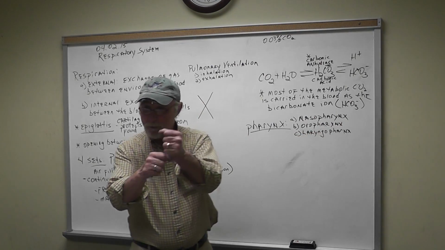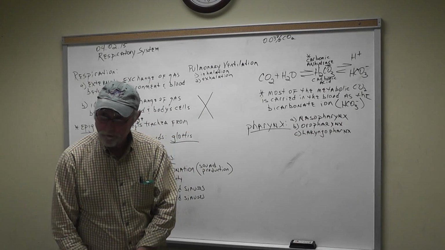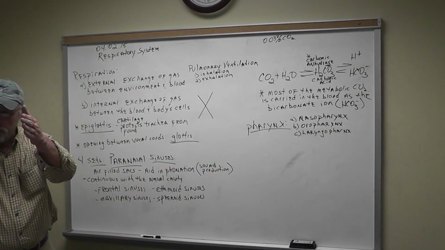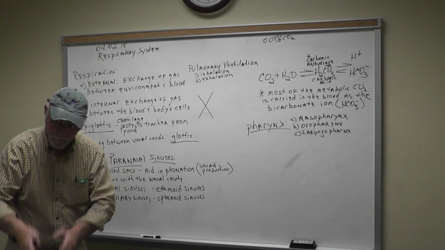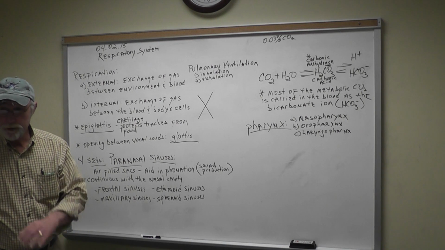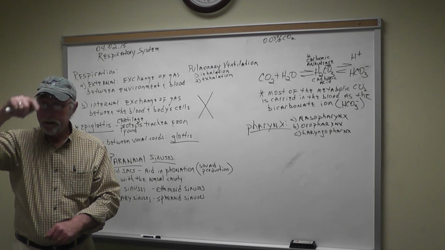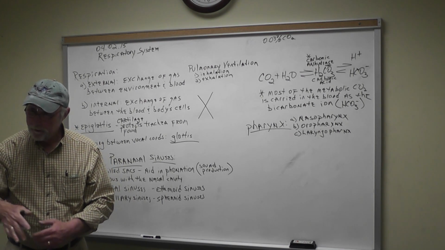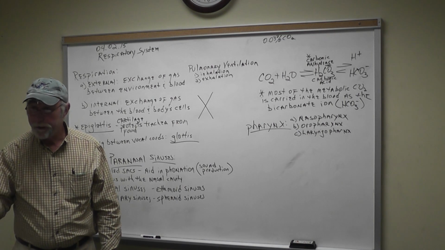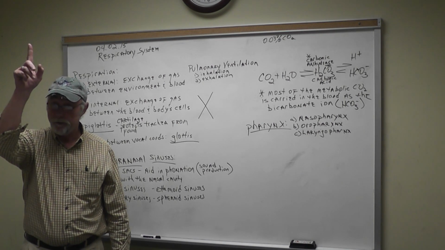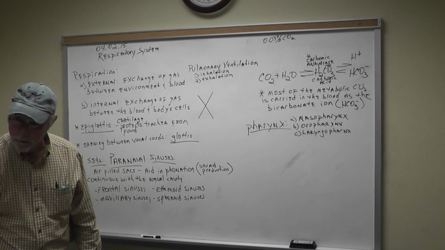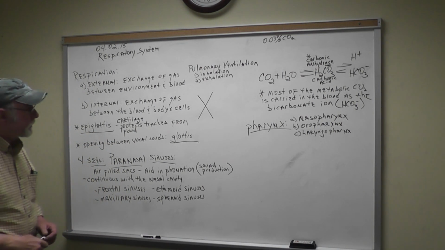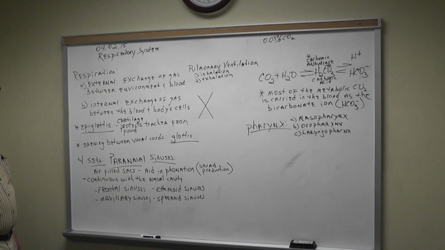And then the smooth muscle of the esophagus will take care of the reflexive action to move it from the oropharynx down into the stomach. That's why you can stand on your head and eat and drink, and whatever it is you're eating and drinking will still make its way into your stomach against the force of gravity because of this peristaltic action of the smooth muscle of the esophagus.